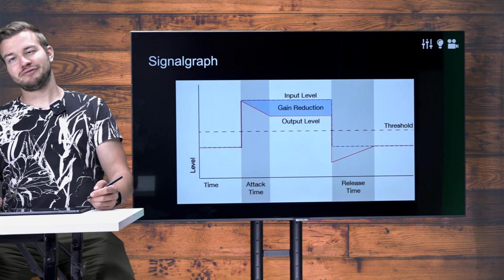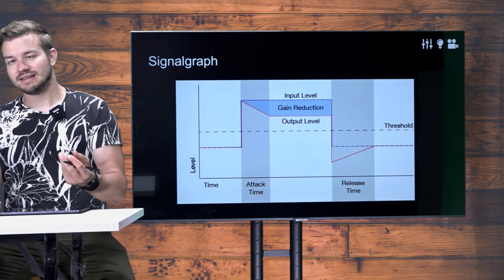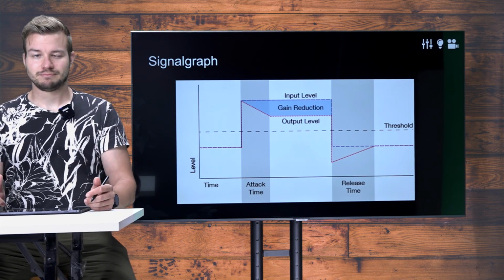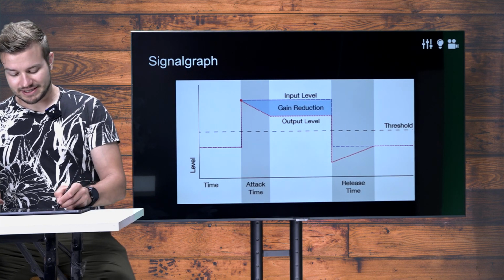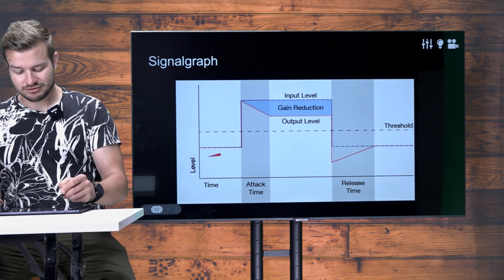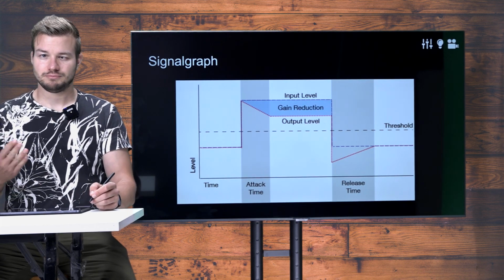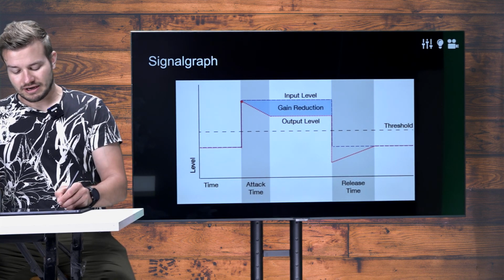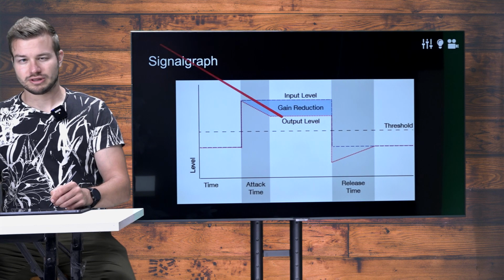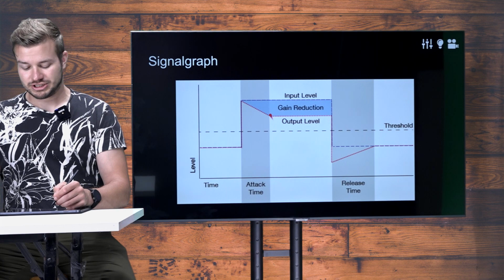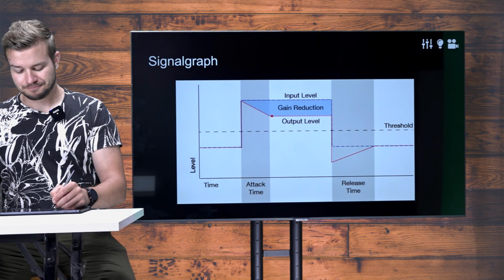The attack time defines how long it takes until the volume is reduced by the predefined ratio. This is the red signal, the output level, what the compressor does to the signal. It is how long it takes until the volume is reduced to the output level defined by the ratio. So that's the attack time.